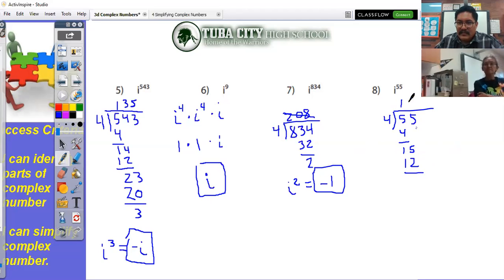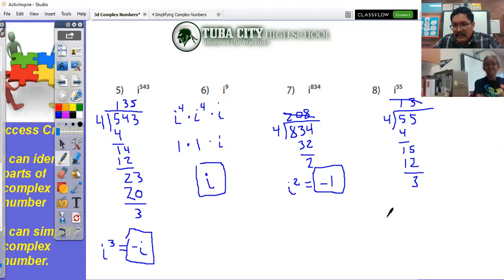And 15 minus 12, oh yeah, I forgot I almost put it up here. But again, this part, we don't care about that. Anytime you're doing division, that is the part you are most concerned with, but not for this one here. So I end up with 3 left over.